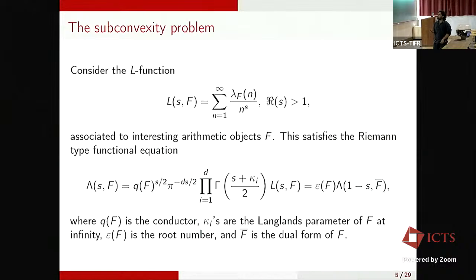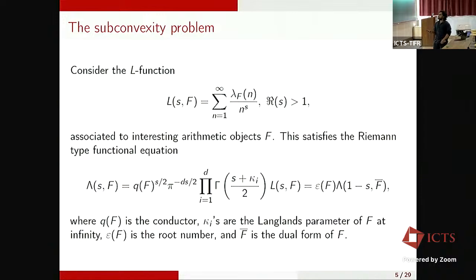These are all part of a bigger problem called the subconvexity problem for L-functions. I'll very quickly define it. If you consider the Dirichlet series associated to some interesting arithmetic objects with coefficients lambda_f(n), then this usually satisfies a Riemann-type functional equation.